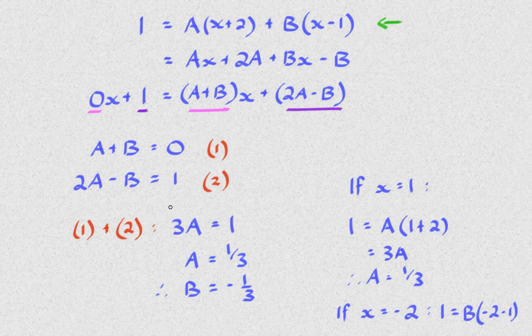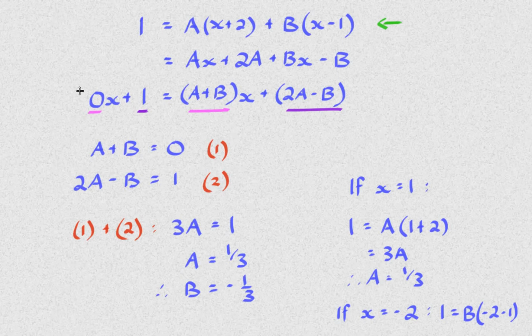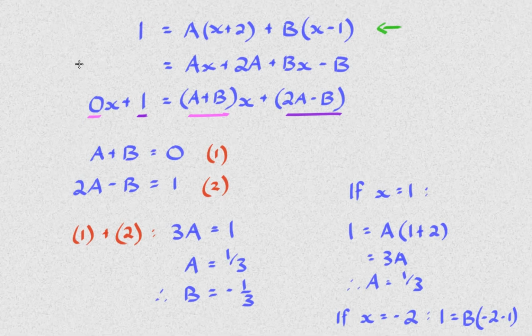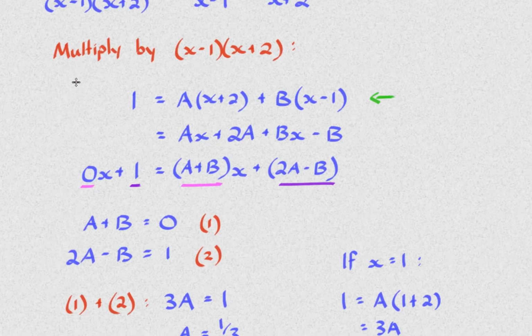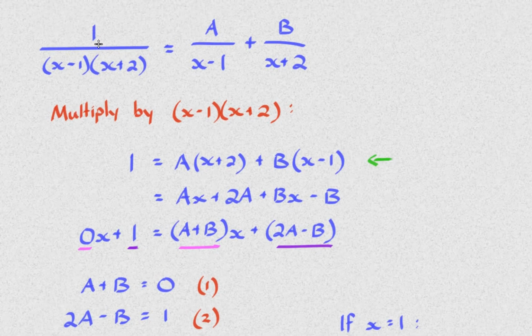But let's get back to actually completing our integral, because we now know that a is a third and b is minus a third. And remember, if we go back to how we set up our question initially, we had taken our initial fraction and we had said that it can be expressed in this form, and we've just found out that a is 1/3 and b is minus 1/3.